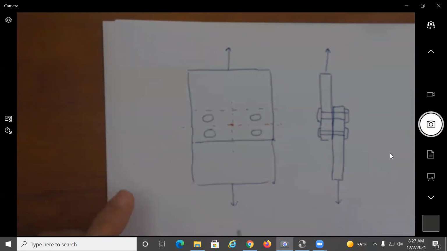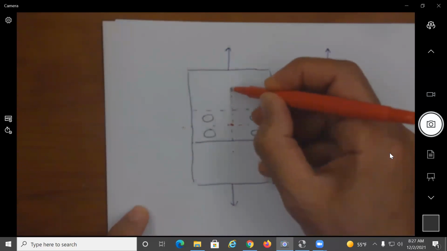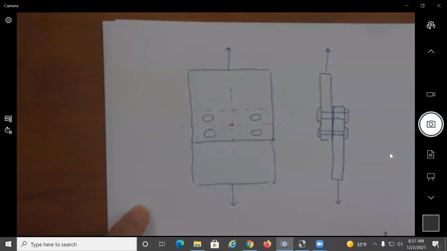But the point that is important is if the force is going through a line of symmetry, it is treated as concentric compared to the array of the fasteners.